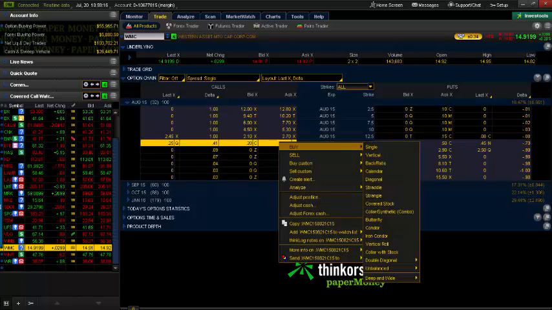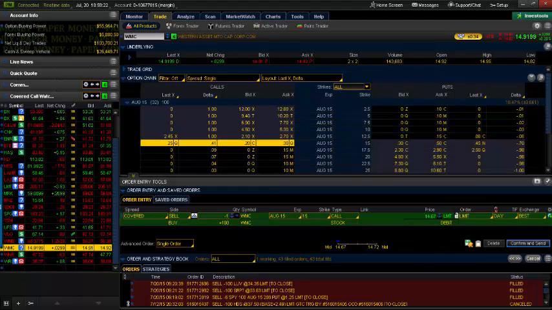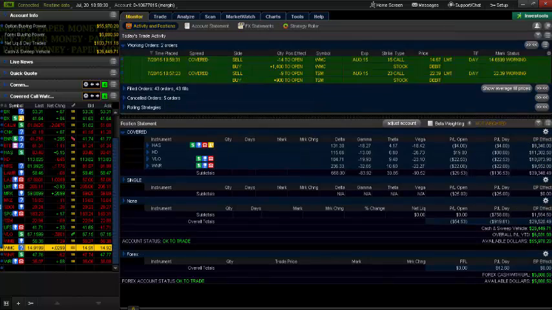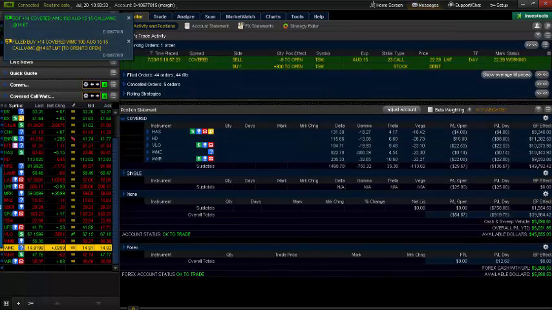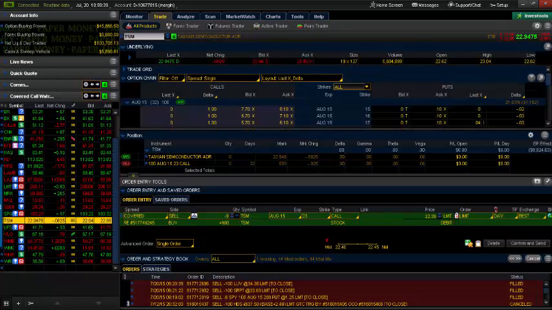Now this one is $700, so let's do 14 contracts, 1,400 shares. All right. Now we're waiting on 2 fills, and now we're only waiting on 1 fill. Just send it again real quick, see if it'll fill here.